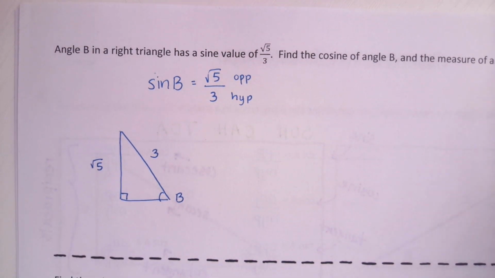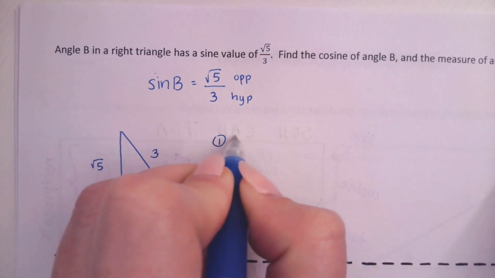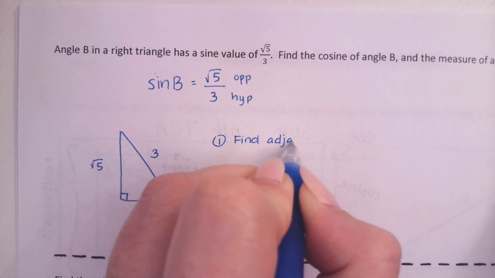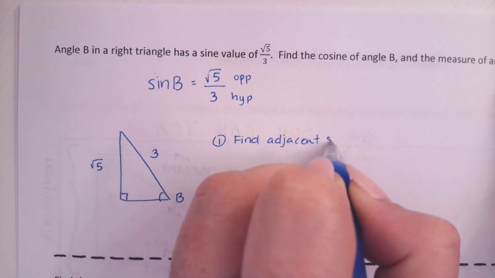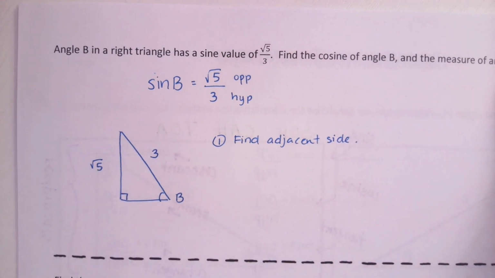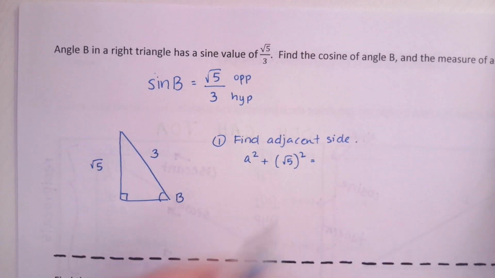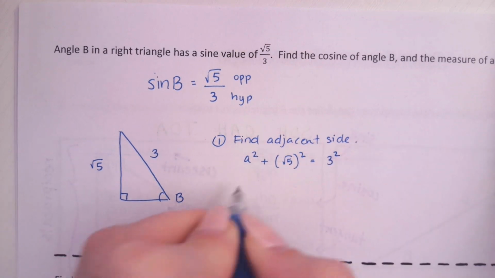We do need to find the adjacent side though, because we're going to need that for cosine. So we use a square root: a squared plus √5 squared equals my hypotenuse squared.